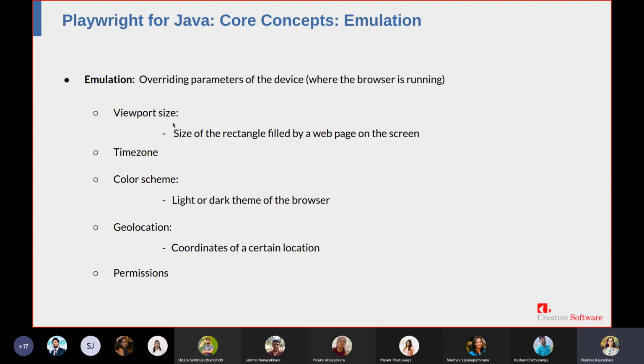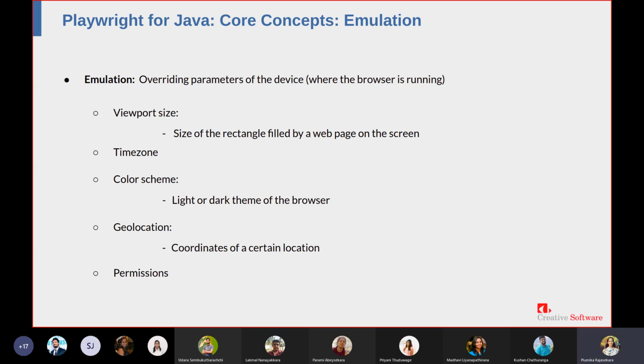This includes viewport size, that means changing the size of the browser window on our screen, and we can set time zones for our tests, and we can change the color scheme of the browser to light or dark theme, and we can also test web pages based on different geolocations based on their coordinates.